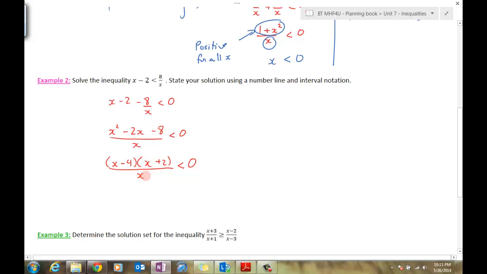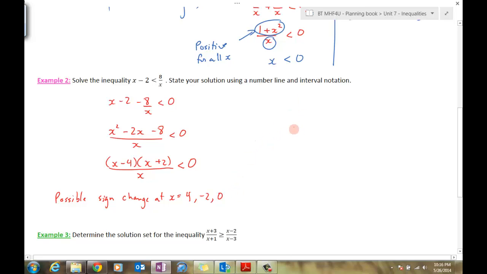And so again, we keep the denominator because it may be a key point where there is also a sign change. So our possible sign changes are at x equals 4, that makes this 0, negative 2, or possibly 0 in the denominator.